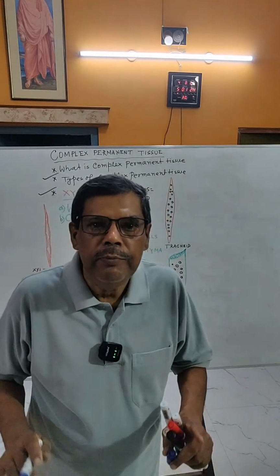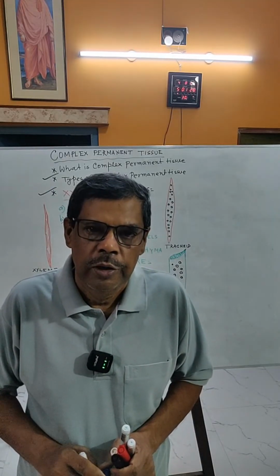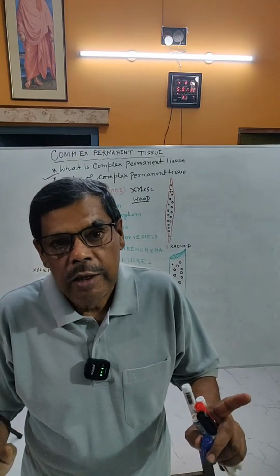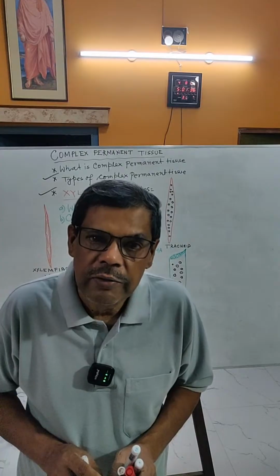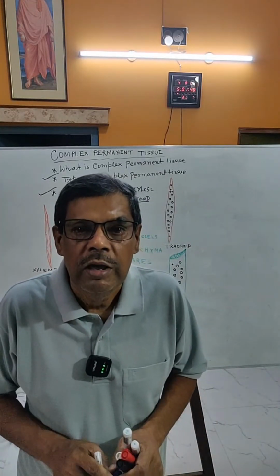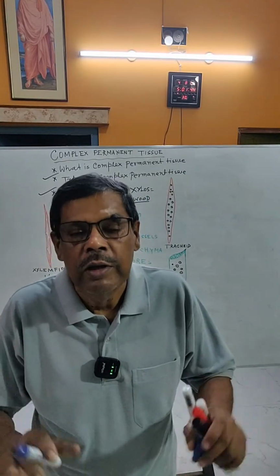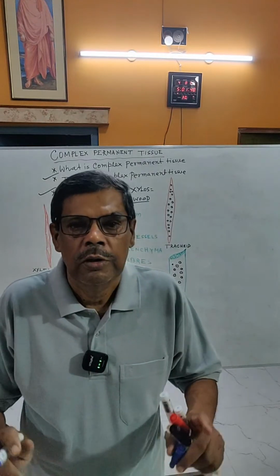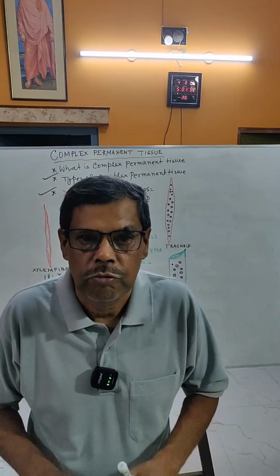So, xylem may be called the wood. Xylem is a complex permanent tissue in plants which performs the function of conducting water and water dissolved minerals. So, xylem is called water conducting tissue.